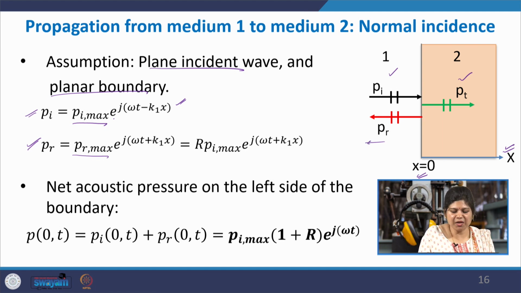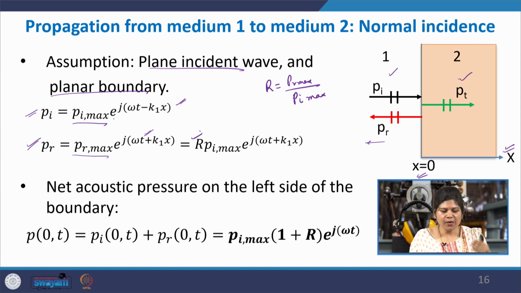So here this would be a plus sign. Now, this is P_r max, and we know that R is P_r max by P_i max. So P_r max can be written as R times P_i max. That is how we are writing.